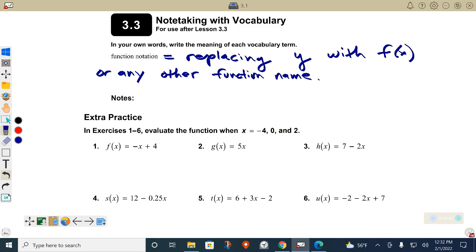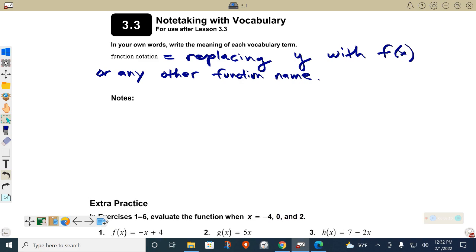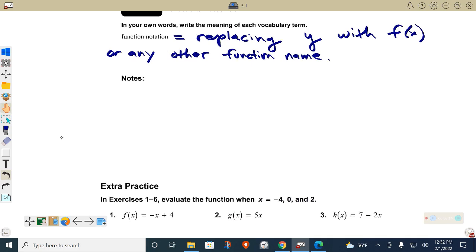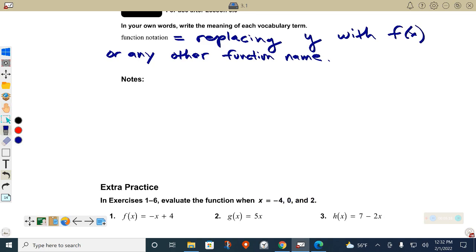Okay? So replacing y with f of x or any other function name.